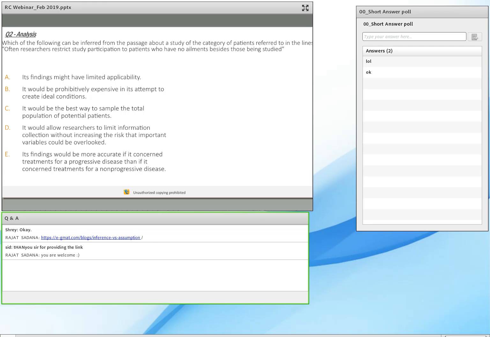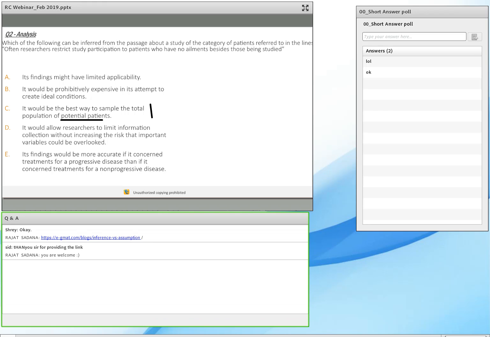No, we don't talk about potential patients here. We rarely talk about the impact on the population in general. Then let's look at choice D. It will allow researchers to limit information collection without increasing the risk that important variables could be overlooked.